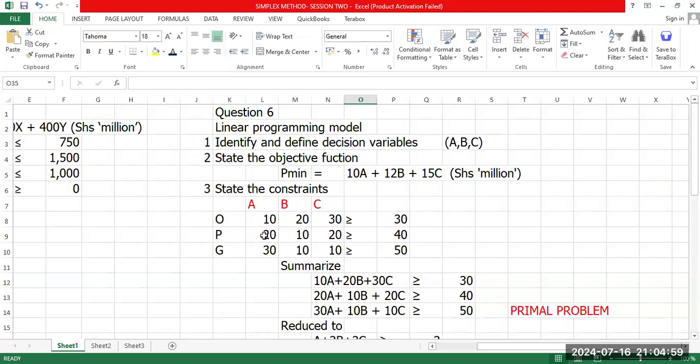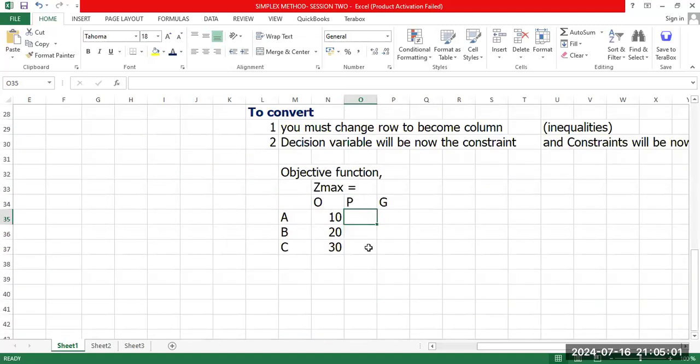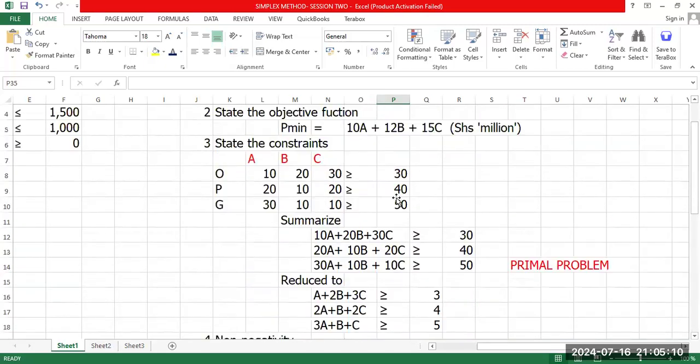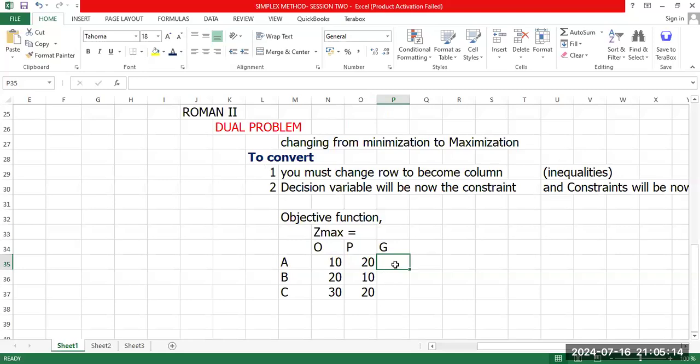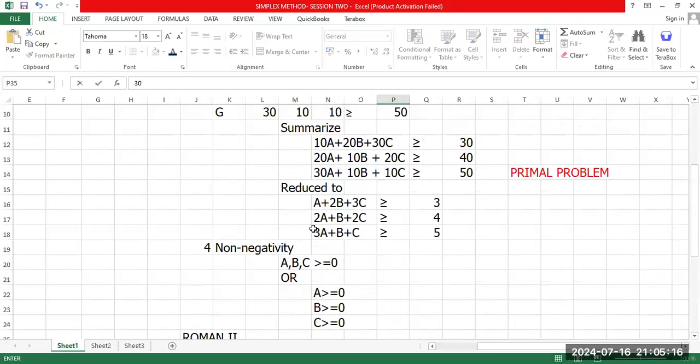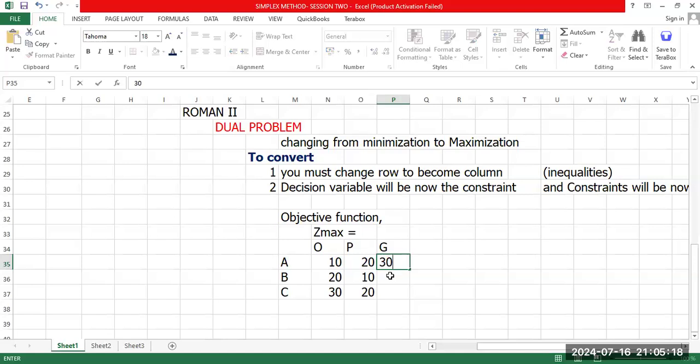Then P, we have 20, 10, and 20. Please don't feel shy to ask where something is not clear. Why are you not reducing them and you put them as they have been?